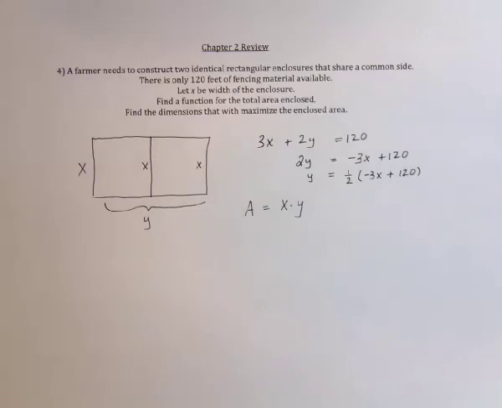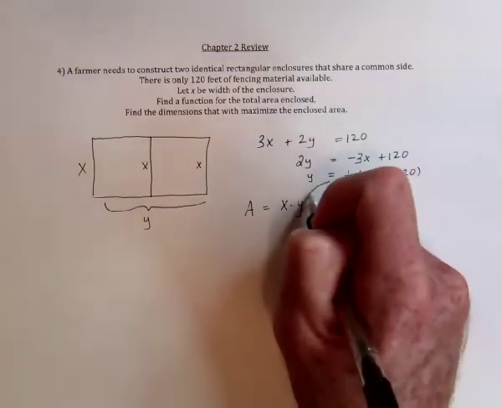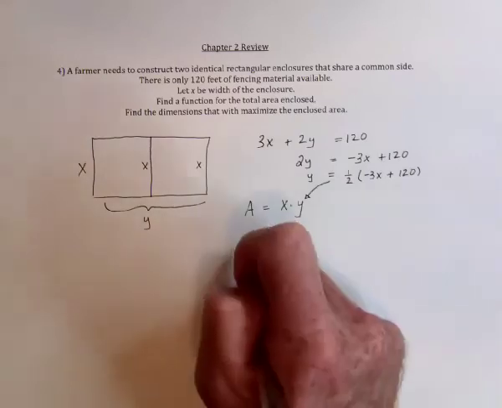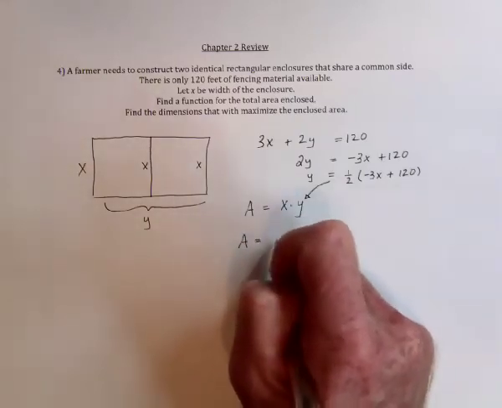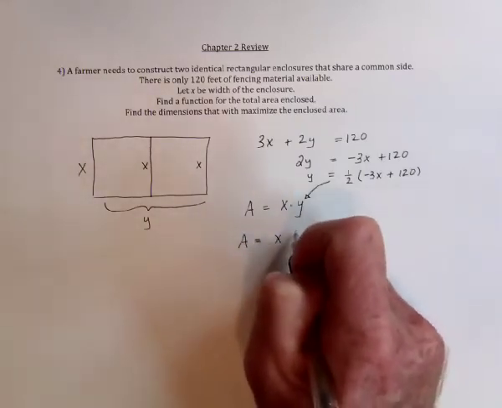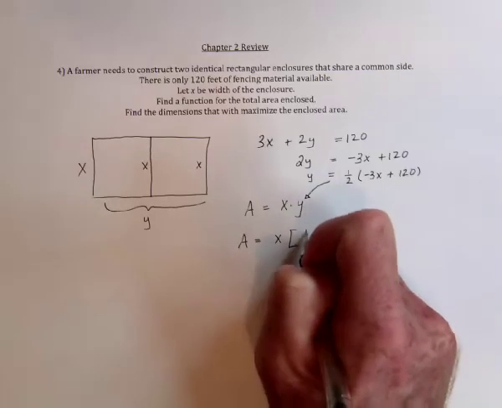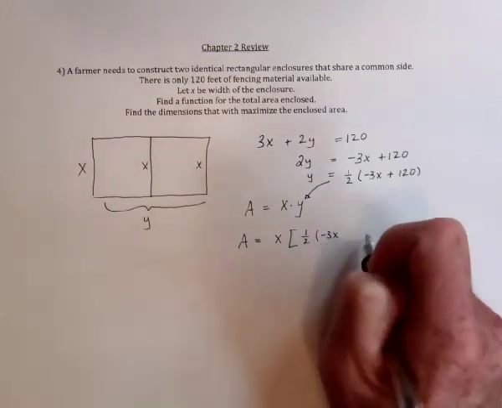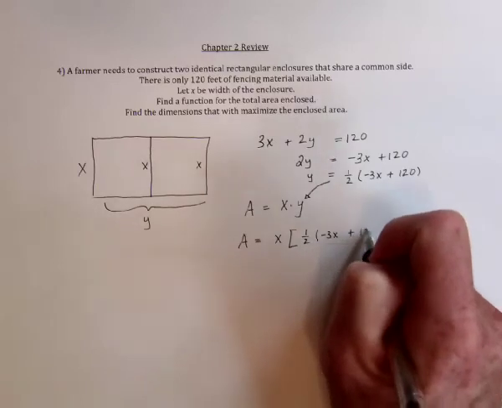Okay, that's what y is equal to. Then take that and substitute it in for this y value over here. And we've got that the area as a function of x is x multiplied with 1/2 times negative 3x plus 120.